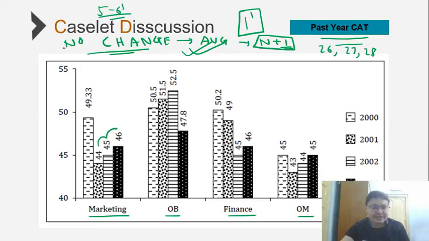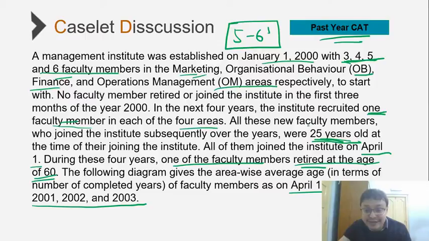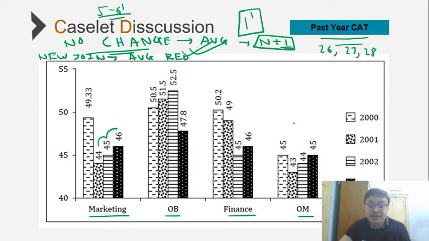Whereas in case a new faculty member joins, that means the average will reduce. Why? Because the new person who is joining is at a much lesser age, that is 25 years only, and since that is below the current average, obviously the new average will reduce. So if a new faculty joins, the average will reduce.